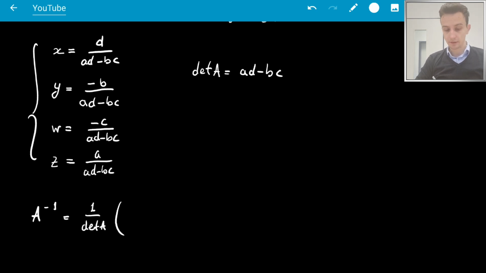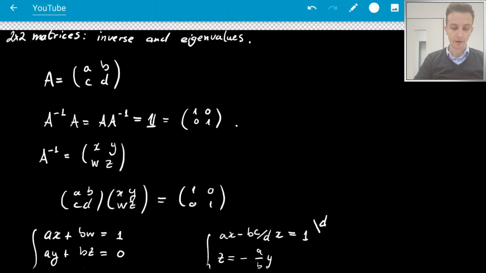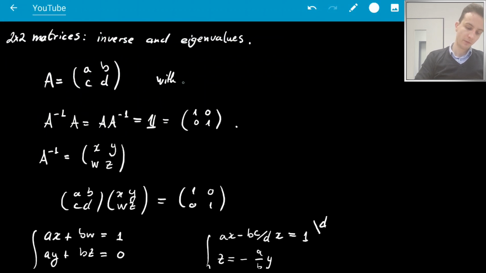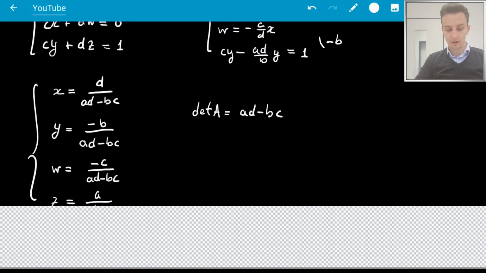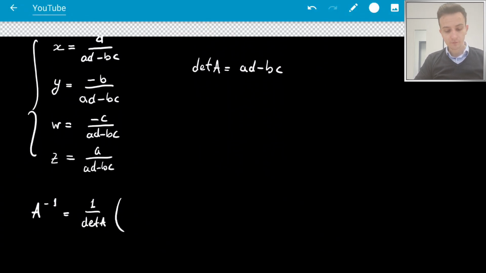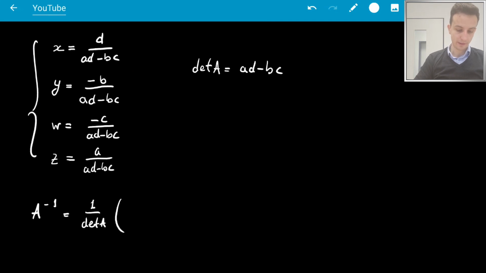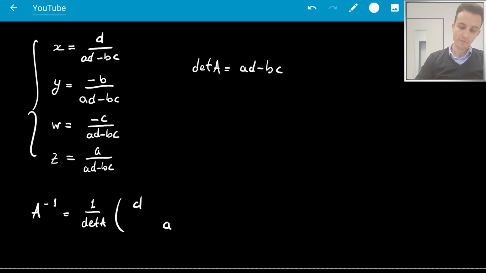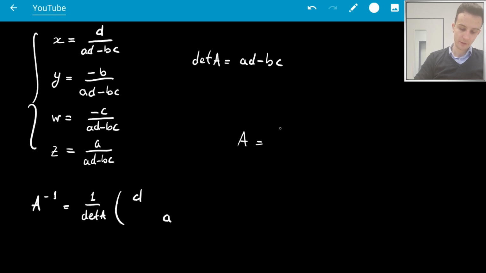In particular, A must be invertible, right? So with determinant of A not equal to 0, then we can define A inverse. And then we just plug these in. Remember, let me just write it again.